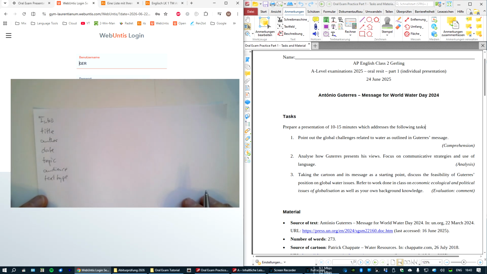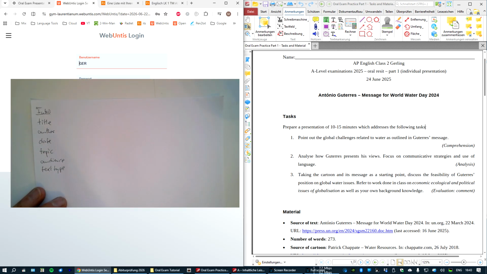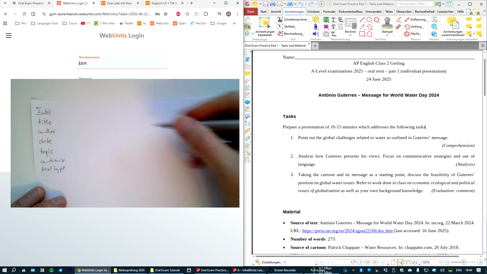So this is what you call Tatte in German, or Taz, doesn't actually matter, but these are the first things that you write down. That's what you note down here.